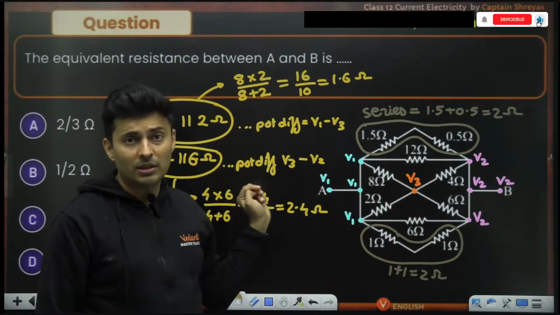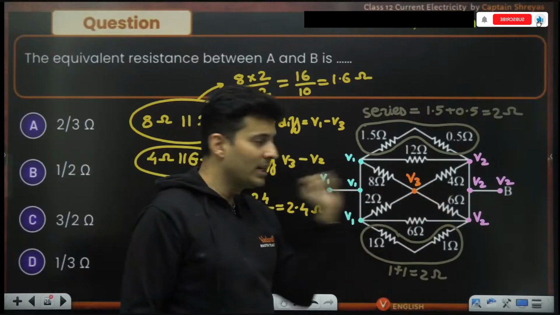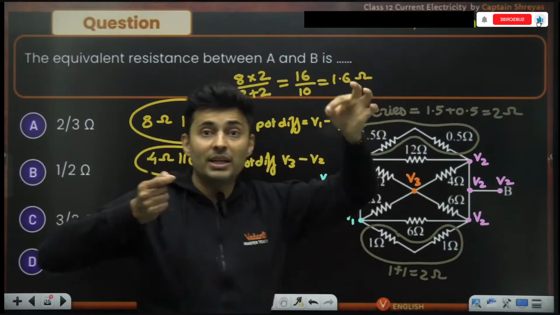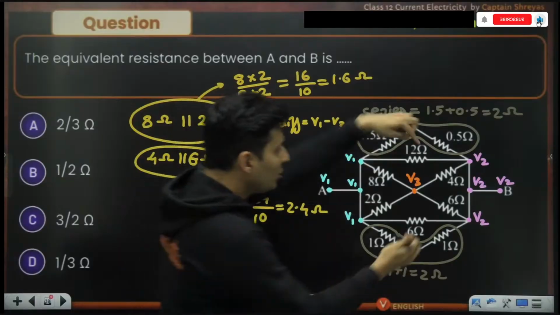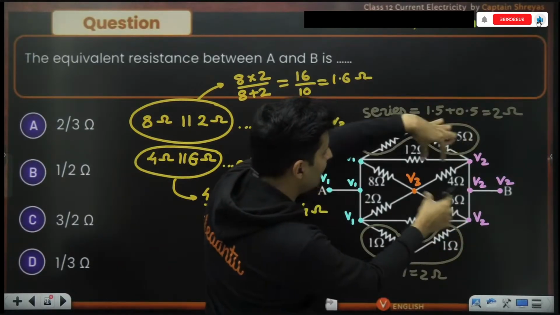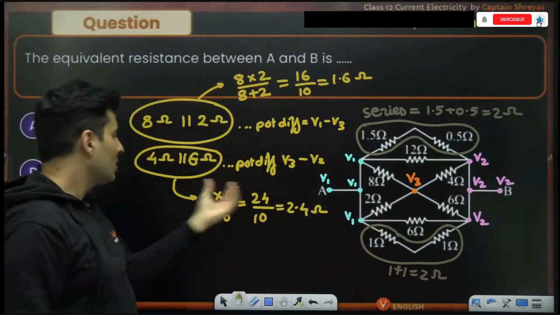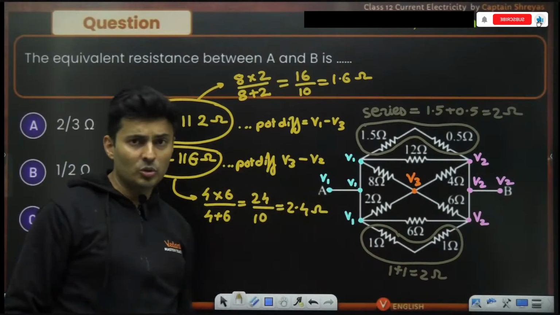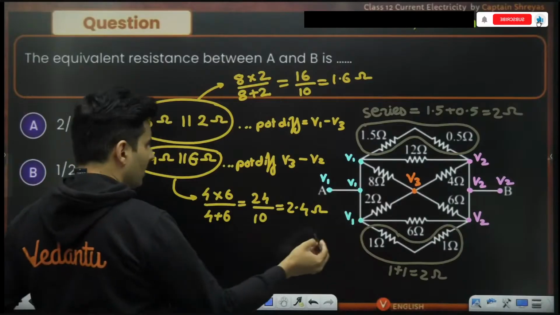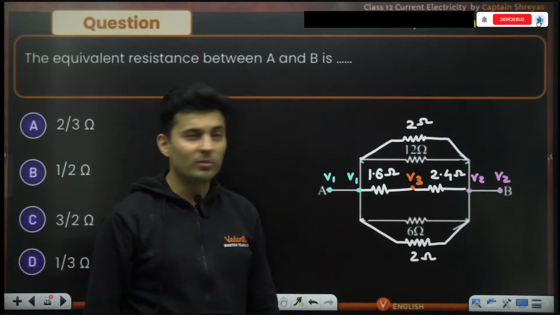R1 R2 by R1 plus R2. Same thing for 4 and 6, V3 and V2. Same voltages means you can just combine these two ends together. So 4 and 6 in parallel is 2.4 ohms. So I replace these two and these two with 1.6 and 2.4 ohms.